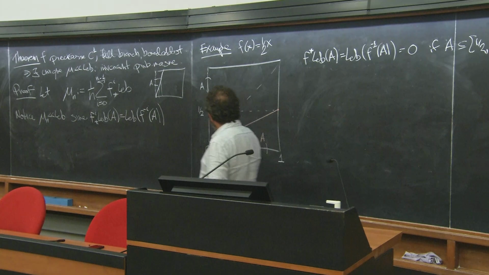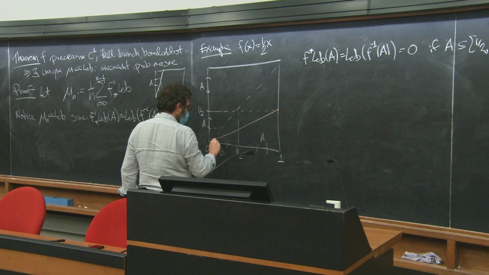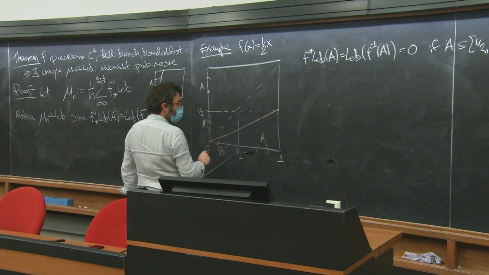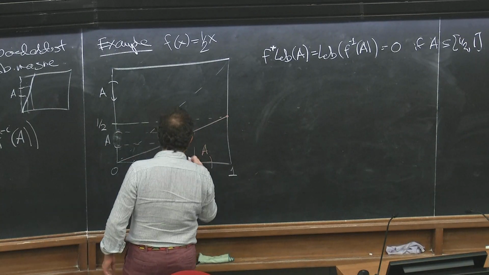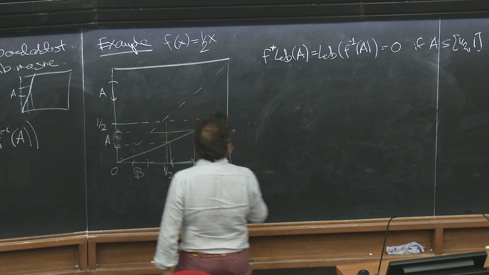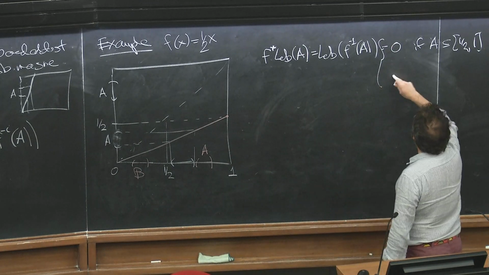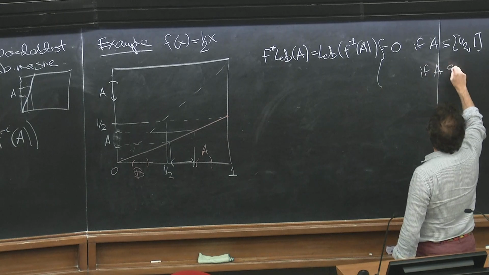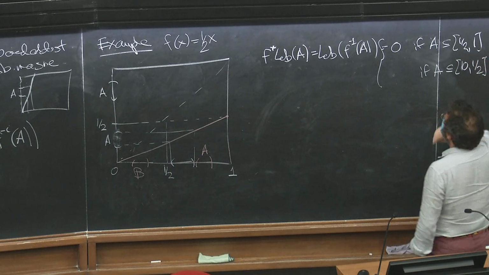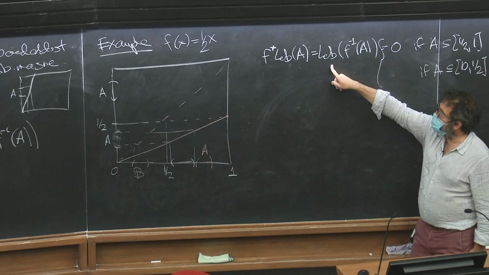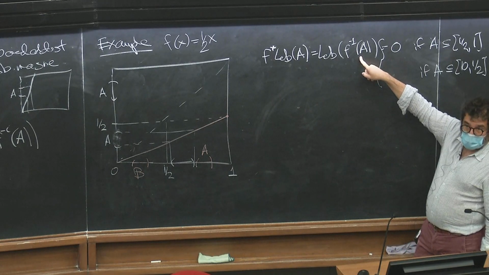Whereas if I take a set here, A, if A belongs to 0, 1/2, then the Lebesgue measure of the pre-image of A will be twice as big, right?